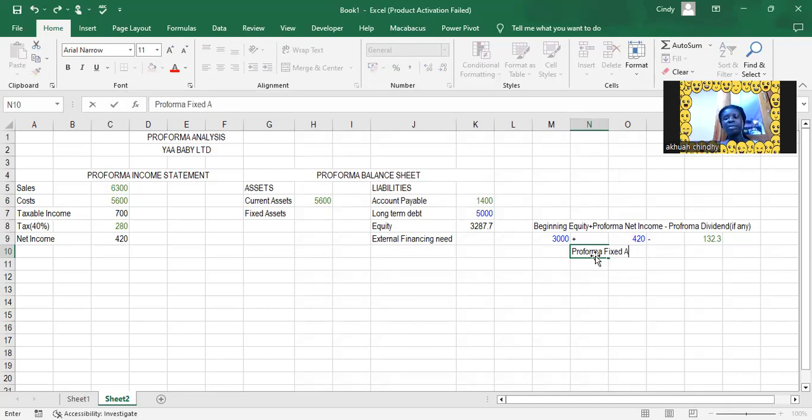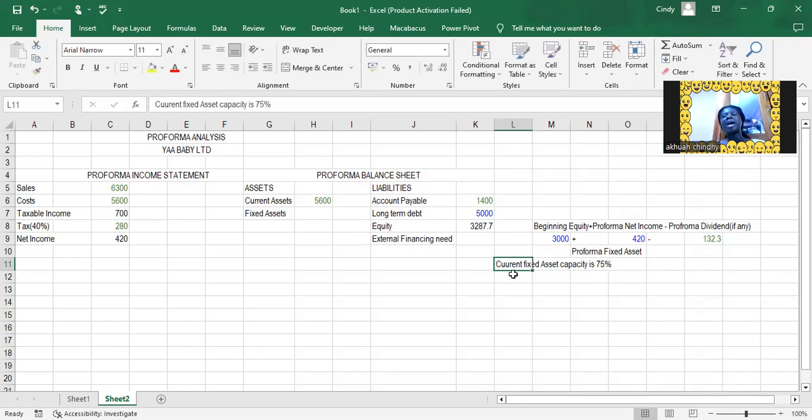First, we know that our current fixed asset capacity is 75%, right? But our full capacity is supposed to be 100%.